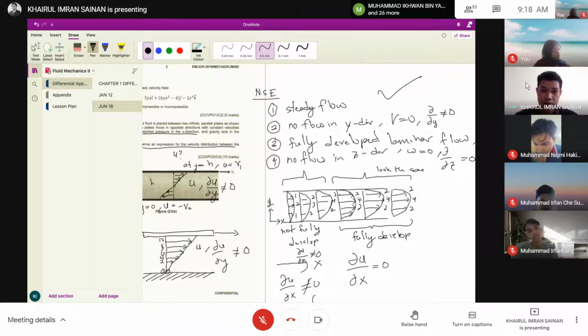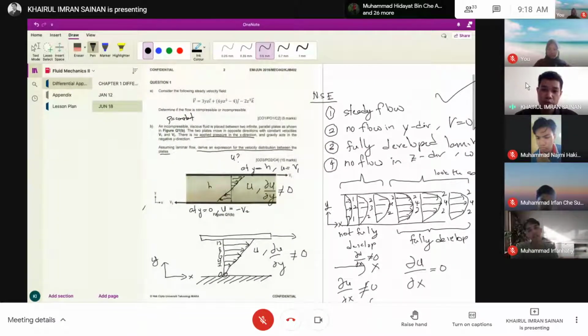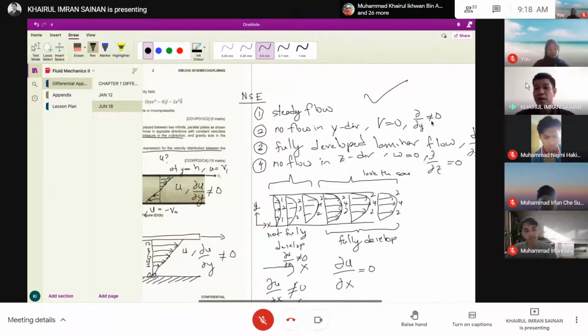Based on the velocity profile, U changes with y, right? The values go 0, 2, 4, 6 until 12, meaning it changes in the y direction. So that's why del over del y is not equal to 0. I cannot cancel it out. Alright, is it clear?